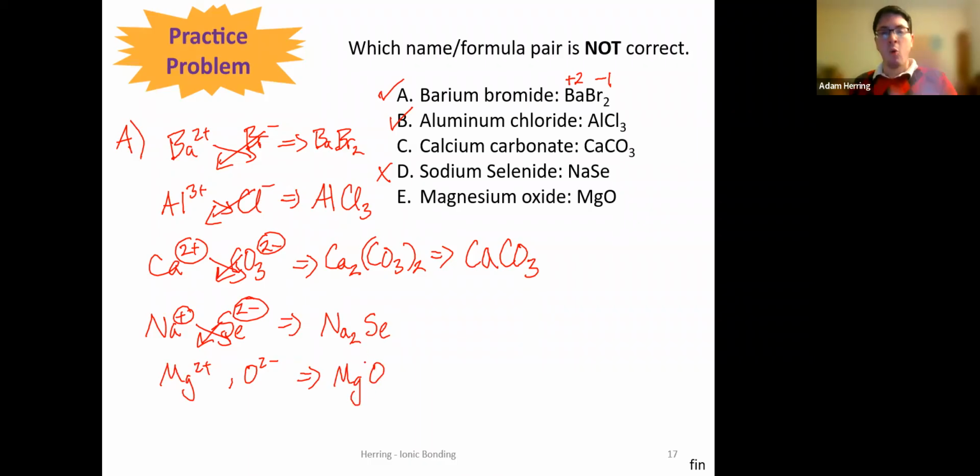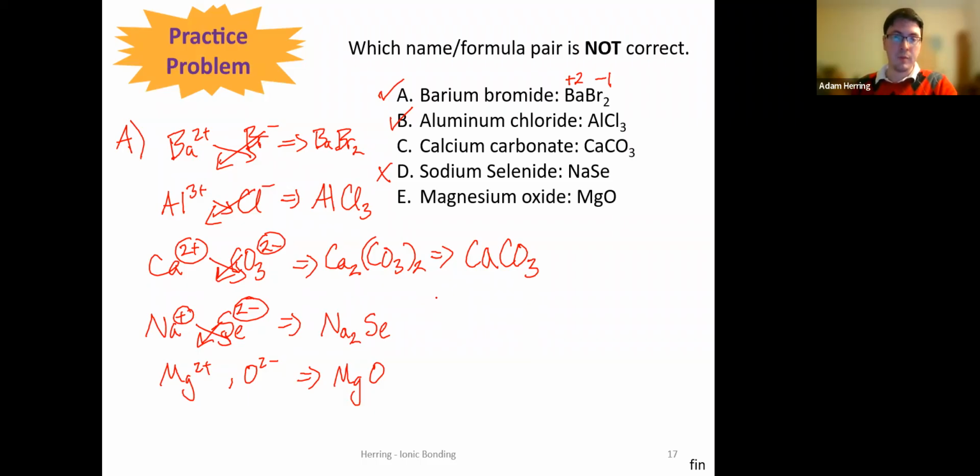All right. One last word here, an important point to recognize is the use of these parentheses. When do you use them? If we have a polyatomic ion that is used, and there are multiple of those polyatomic ions, we need to use parentheses around the polyatomic ion group.